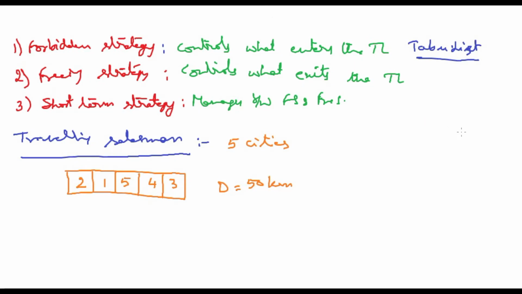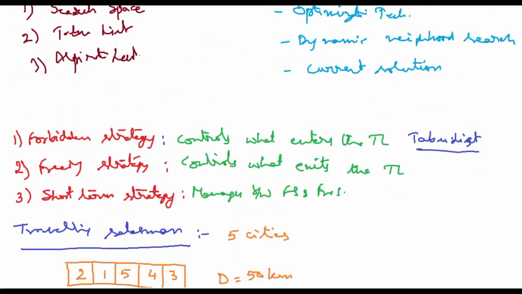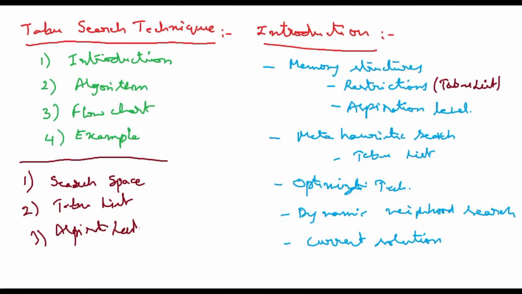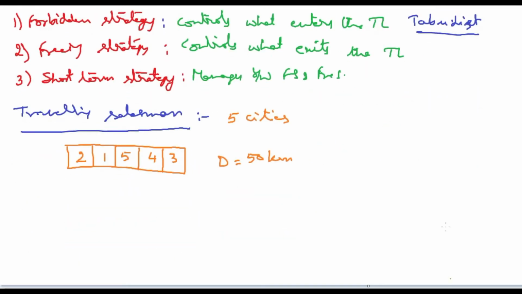So our job is to change this part, these memory structures. What I need to do is go ahead with the neighboring solution, neighboring search. That means first I have this current solution and I want to see the neighboring solution.